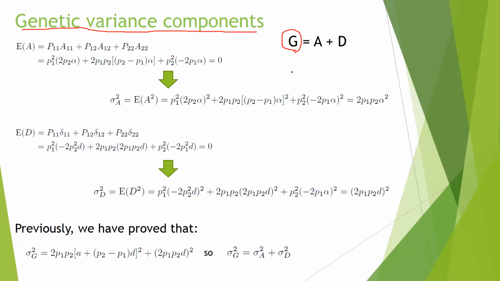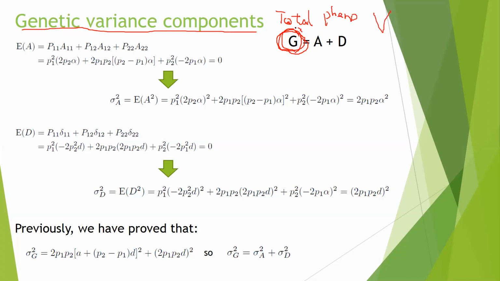Suppose we have different genotypes, and we can calculate the variance of the expected phenotypic value among different genotypes. So we want to see, among this total variation, we call this the total phenotypic variation.